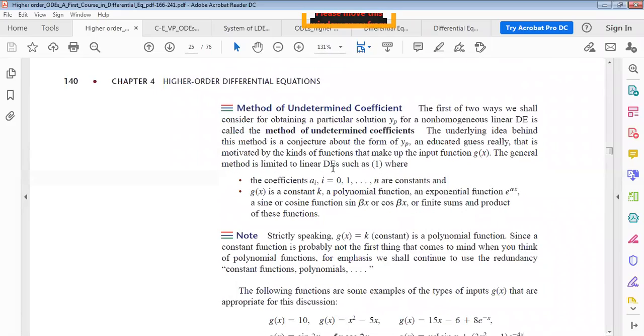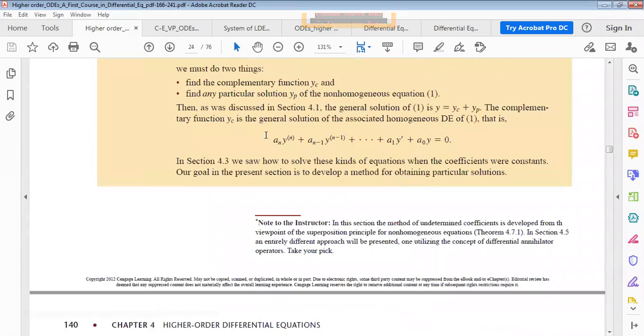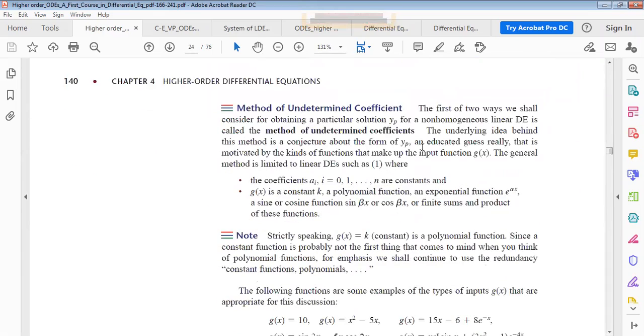The differential equation is such that the coefficients ai, i equals to 0 to n, are constants, the coefficients a_n, a_{n-1} up to a_0. Okay, all will be constant, and g(x) is a constant k, a polynomial function, or an exponential function, a sine function, a cosine function, like this, or a product or sum of these types of functions.